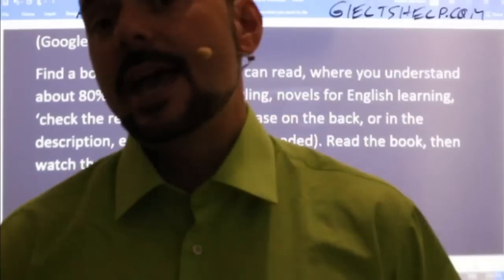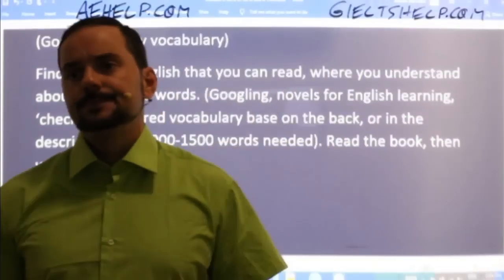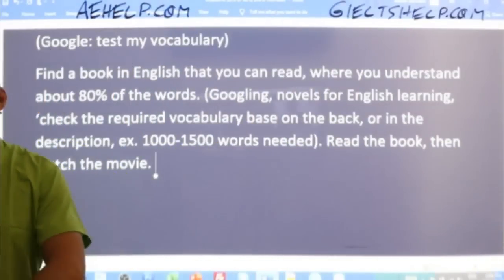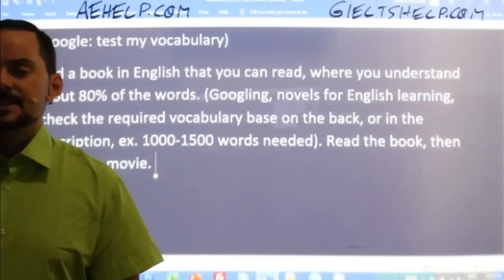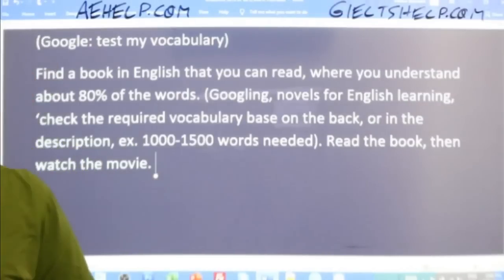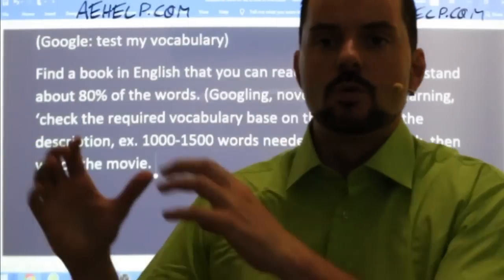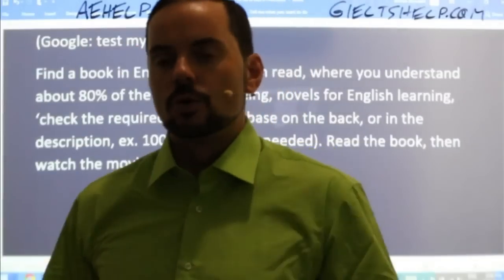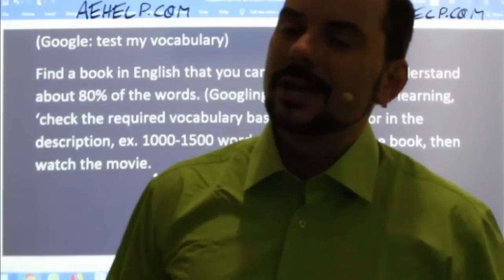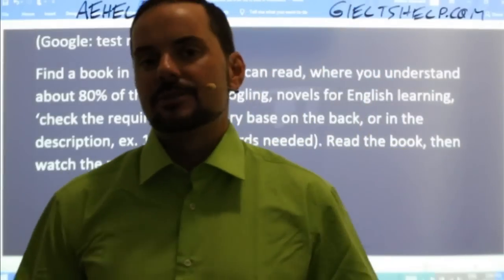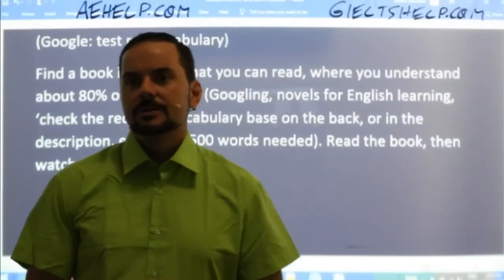It's very quick and it can be enjoyable. That's what I would do. I think a lot of students try to just focus on individual words and they try to build these individual word lists. It's okay, but it's a fairly ineffective method of learning vocabulary.